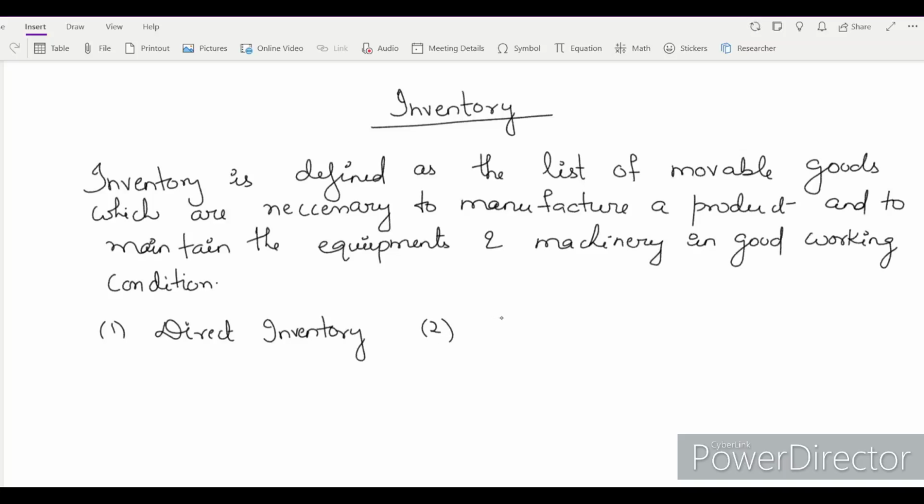Direct inventory, from the name itself, indicates that it plays a direct role in the manufacture of the product, like raw materials and work in progress.